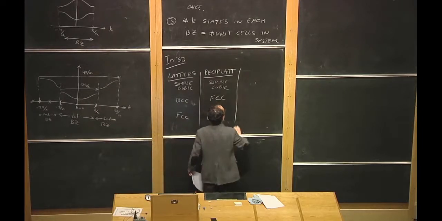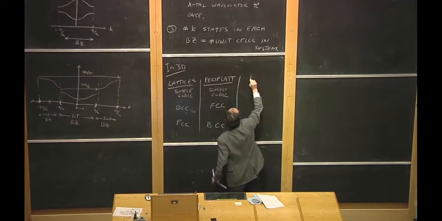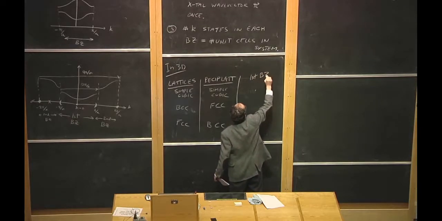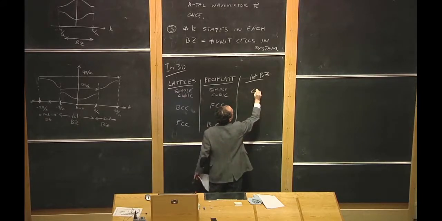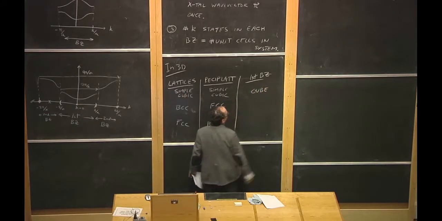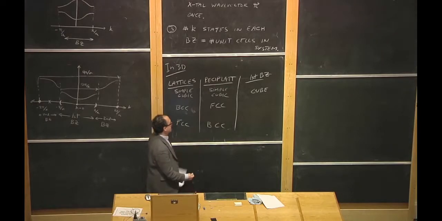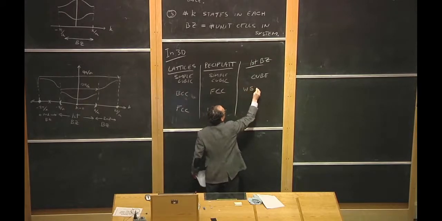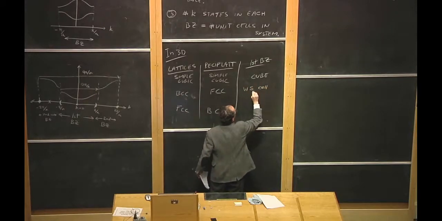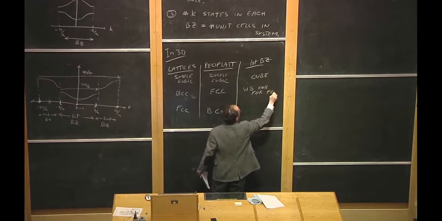So the shape of the first Brillouin zone, first BZ shape, is, well, for a simple cubic lattice, the Wigner-Seitz cell is a cube. So the first Brillouin zone for the simple cubic lattice is a cube. For the BCC lattice, the reciprocal lattice is FCC. So we get something that's the shape of the Wigner-Seitz cell for FCC, which was a funny shape.